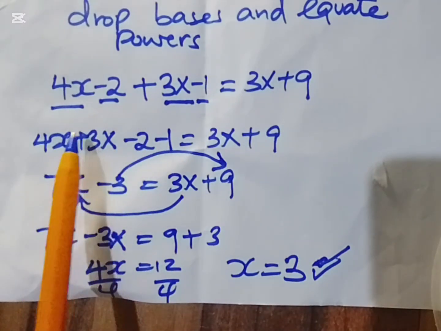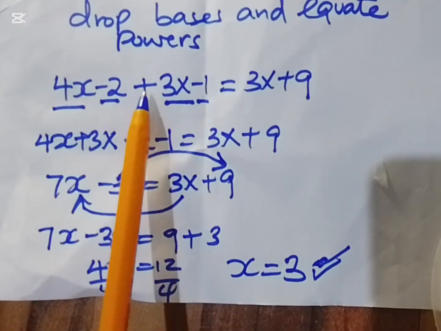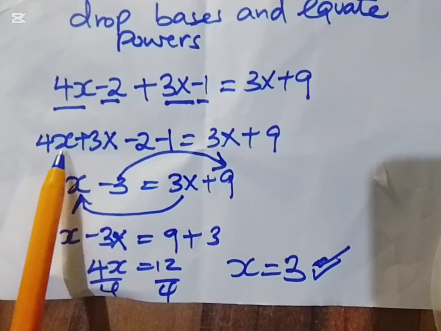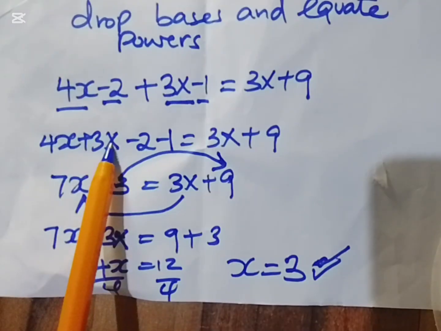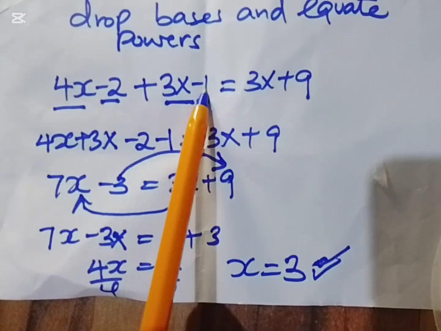In this case, we put the like terms together. Here we have 4x and here we have plus 3x, so we first add those, 4x plus 3x. Then here we have minus 2 and minus 1.